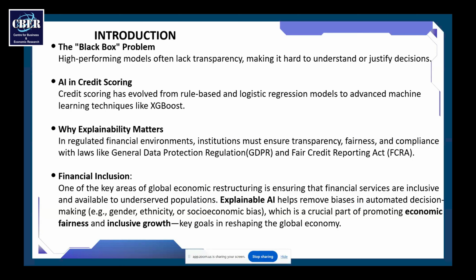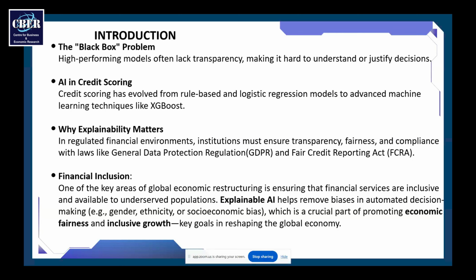We know the outcome, it is accurate, yes. We know if the loan should be given or not. But what about transparency? What about fairness? How do we know if there is bias or an error has been made? More often than not, the traditional machine learning models are accurate, but there's no explainability. There's no transparency.